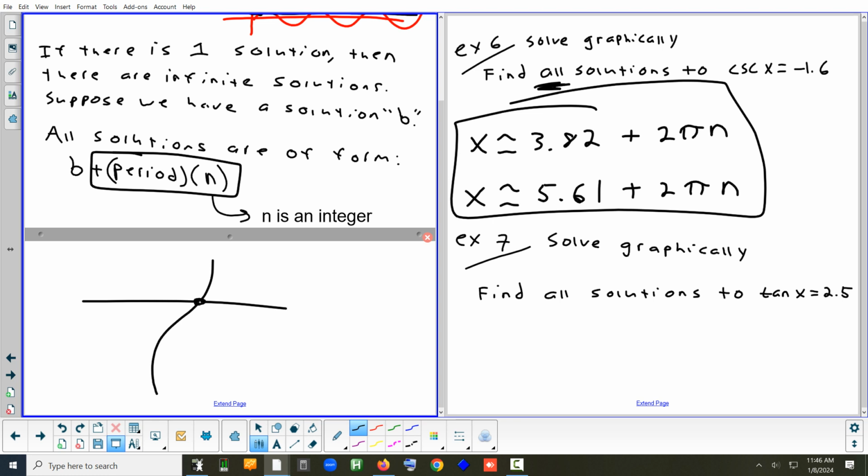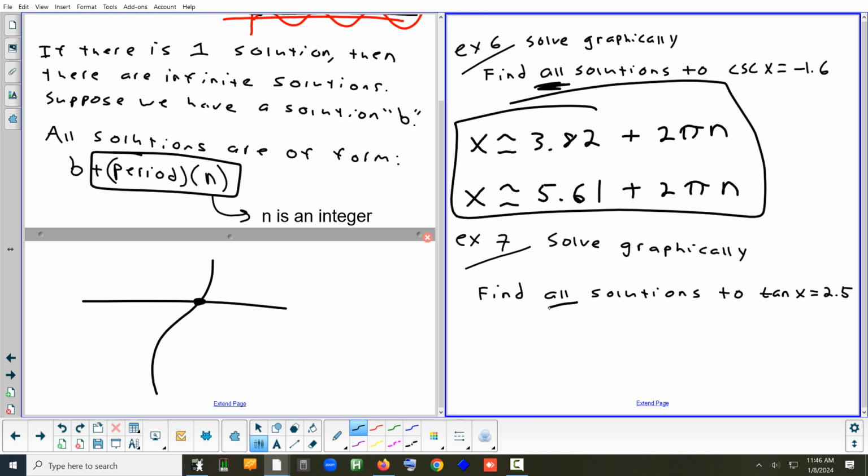You would find that answer, write it down. And then what would you put on the end to represent that answer repeating forever? It's not 2 pi n. If you put 2 pi n, it doesn't work. Pi n, yes. So this one would have fewer answers per cycle. It only has one. Secant and cosecant generally have 2.